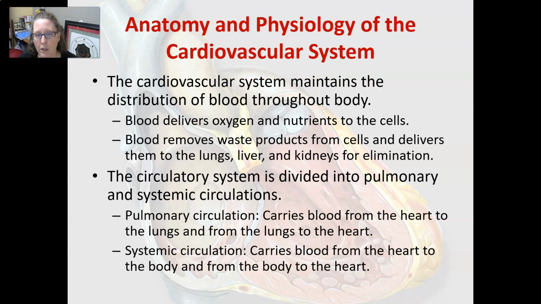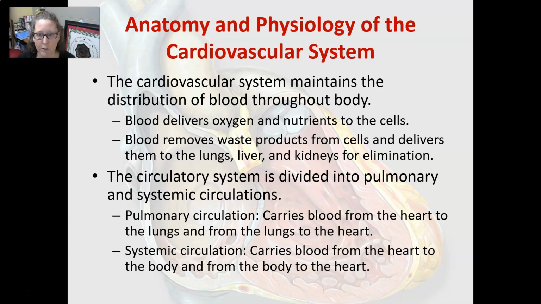All right, so the cardiovascular system maintains the distribution of the blood throughout the body. So the blood delivers oxygen to the cells and also the other nutrients. So we're thinking like macronutrients, so your glucose and your amino acids and your fatty acids, but then also your minerals and your vitamins and all the things that the cells need to function.